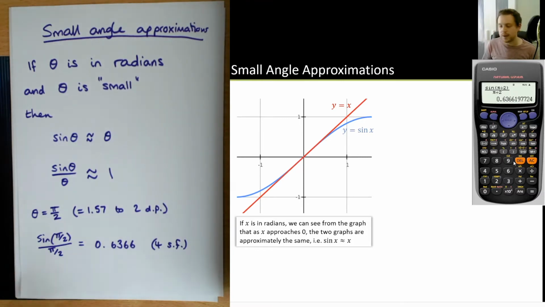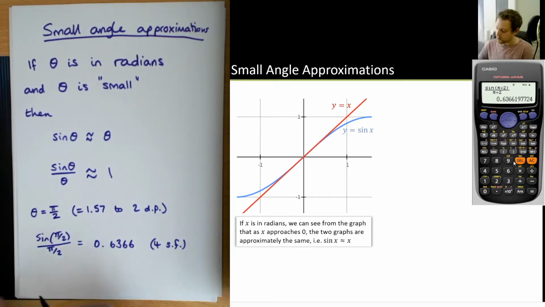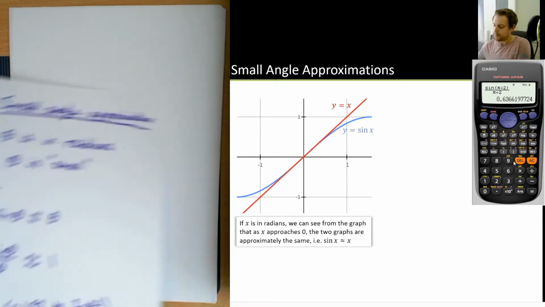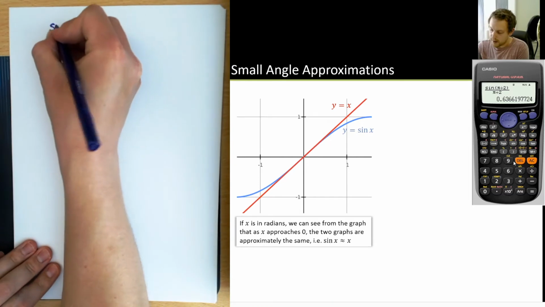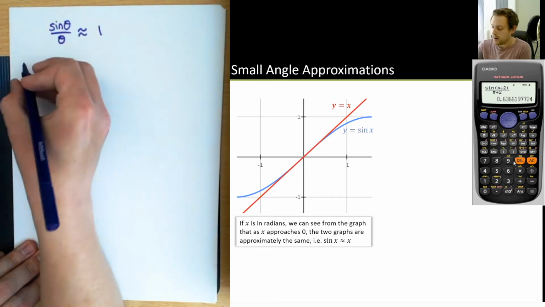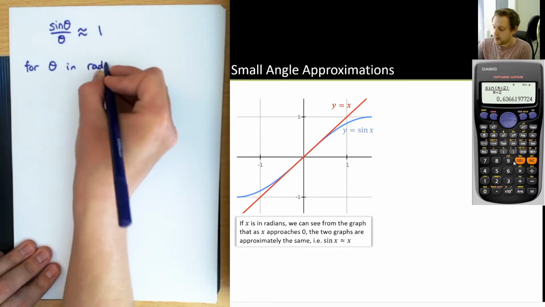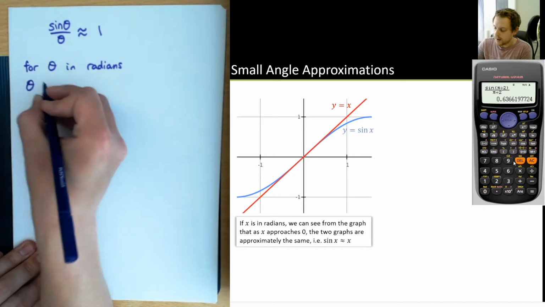That's small enough. That's close enough to 1. But you could have someone come along and say, well, no, that's not close enough to 1. You need to make this angle smaller. Okay, well, let's make this angle smaller. Let's try. So let me just write it up again here. So sine theta over theta, we want this to be nearly 1, and we need theta in radians and theta to be small.